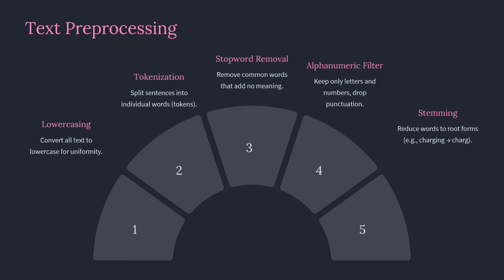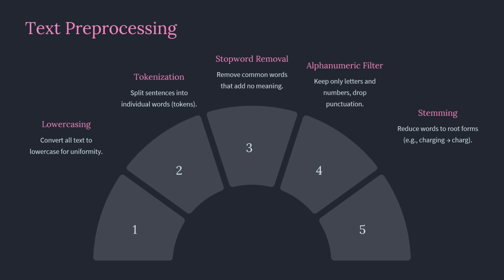Then the next is text pre-processing. When the user types a question, we apply the same cleaning steps to both their input and our stored FAQs. The first is lower casing. It converts all the text to lower case for uniformity. Next is tokenization. We split the sentence into individual tokens or words.